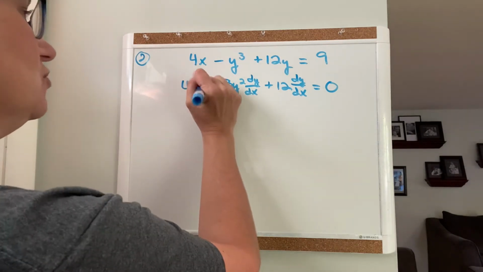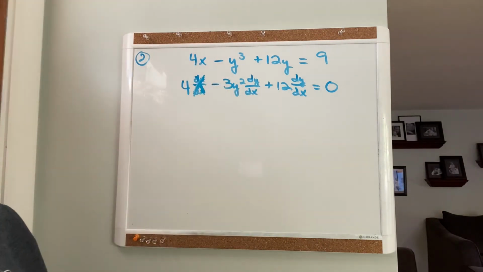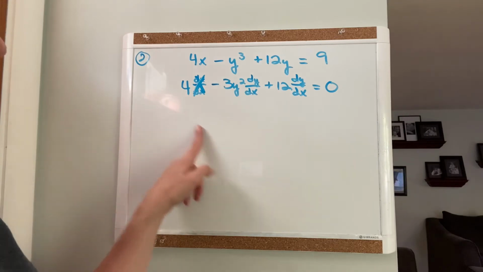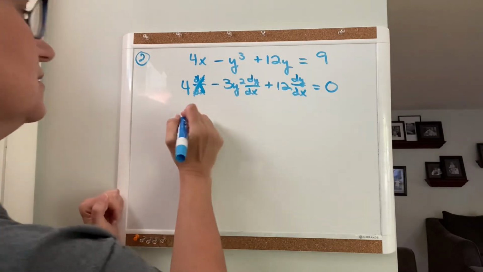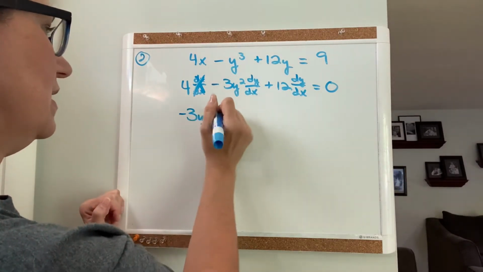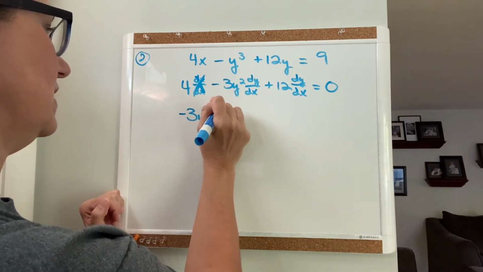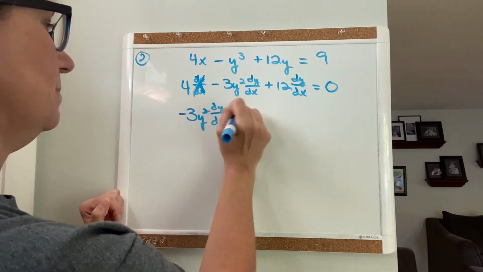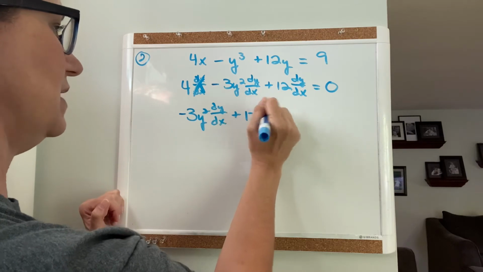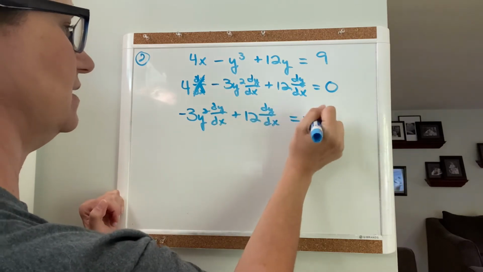All right, so I'm going to cross out the dx here, and at the same time, I'm going to move the 4 over. So we end up with negative 3y squared dy dx plus 12 dy dx equals negative 4.